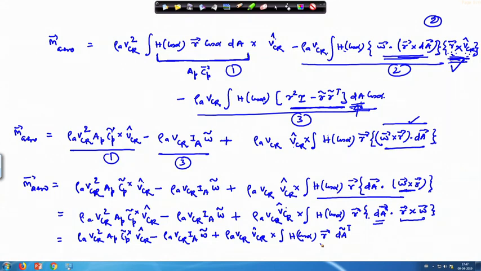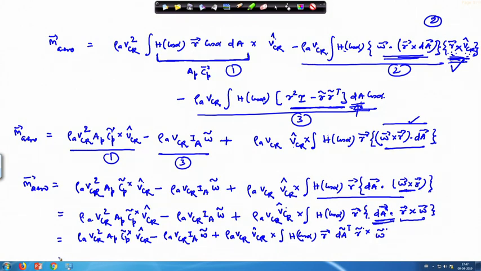This is the area vector, the elemental area vector, for dA dot. We have written here transpose, and then r, and this will be operating on omega tilde.